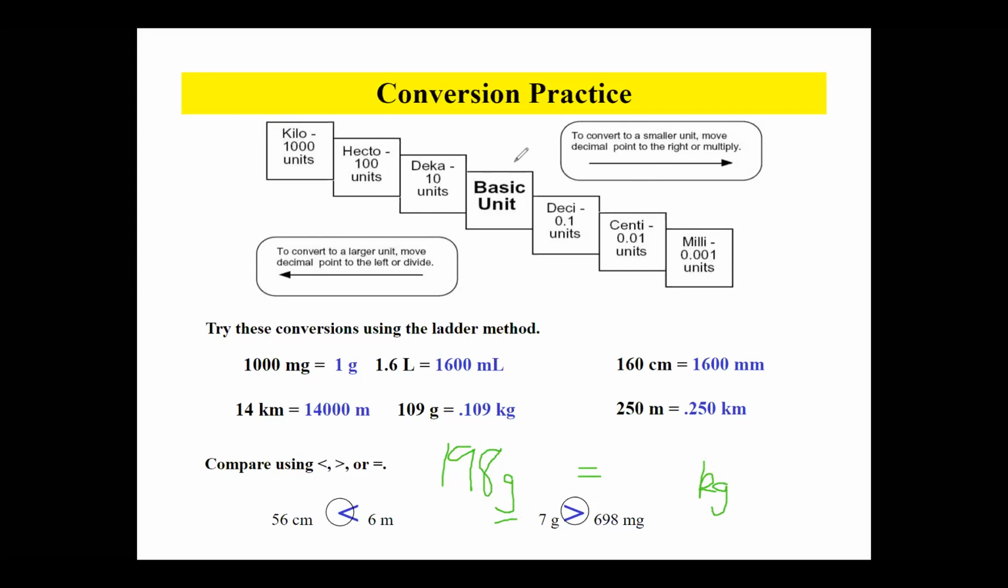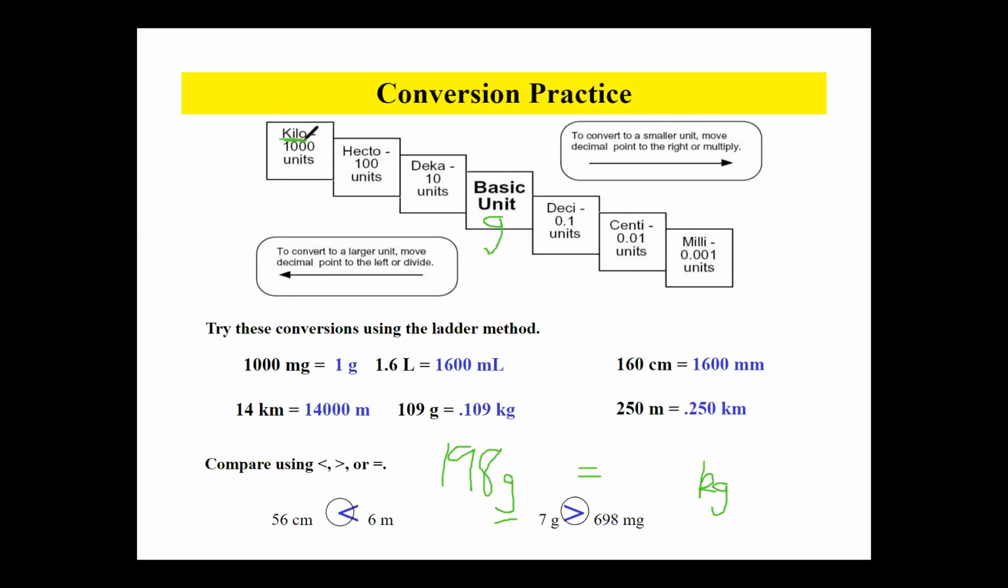Where do grams fit in on the ladder? In the basic unit? Precisely, Belma. So grams are a basic unit, so that's going to be our starting point. And then are kilograms to the left or to the right of our grams? To the left, exactly.